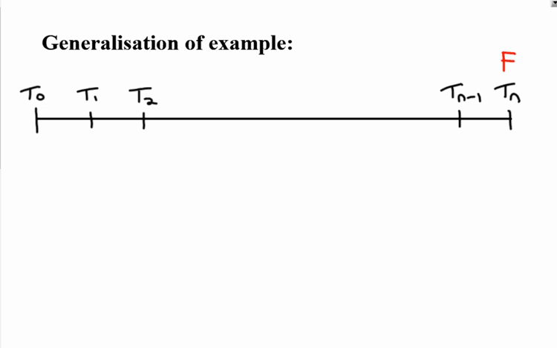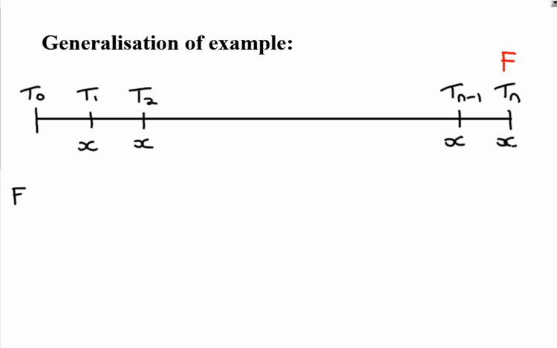Okay, so now we make regular deposits to save, regular saving deposits of X. And then we've got our interest rate I. Now again, let's generalize that.